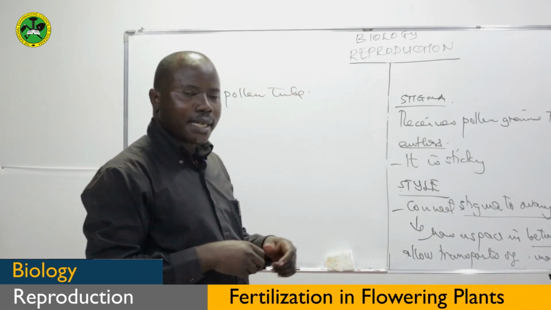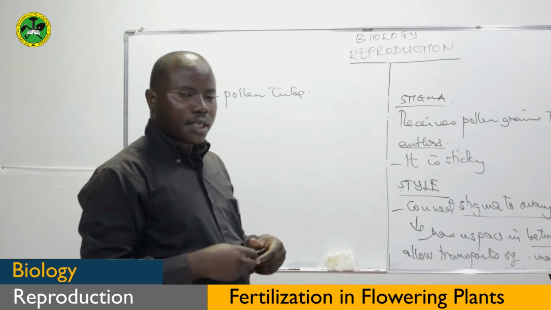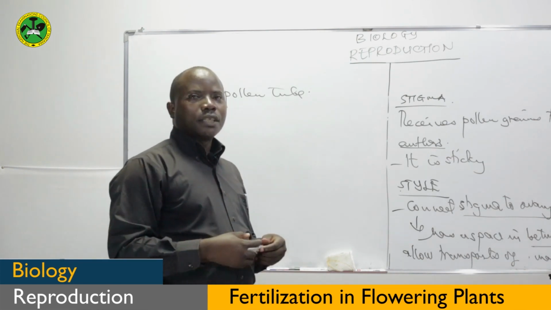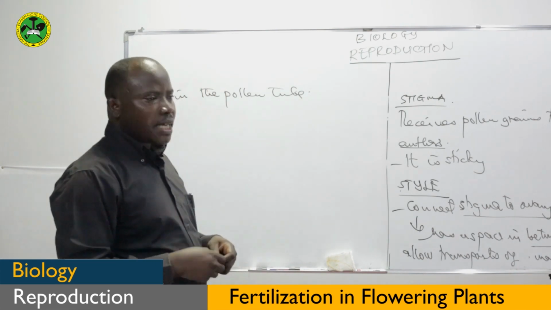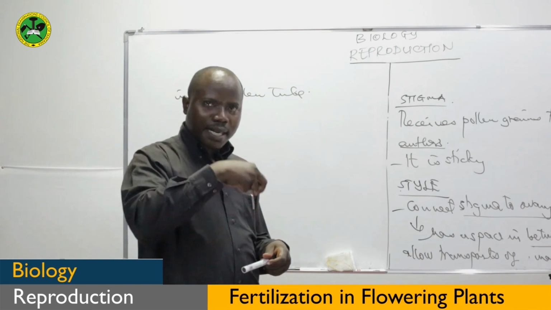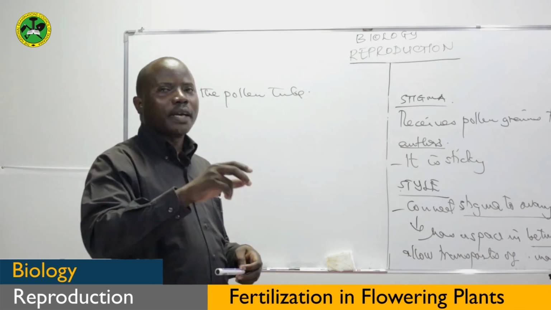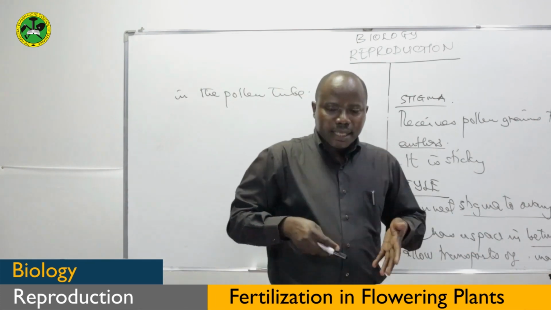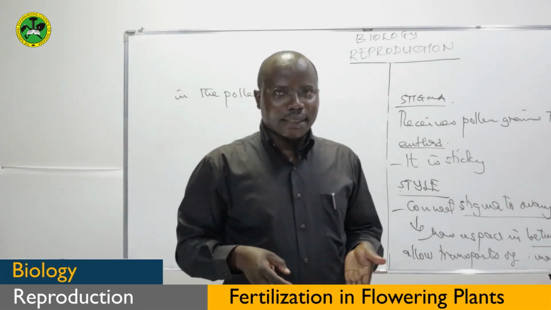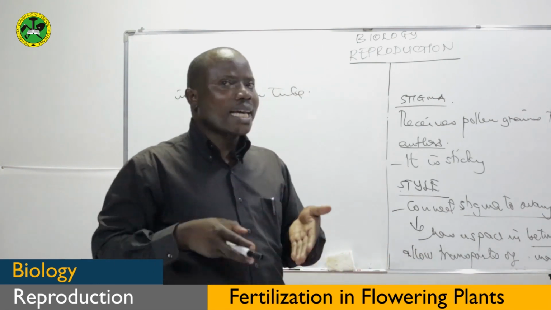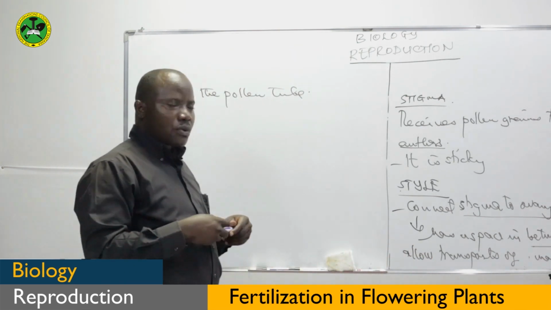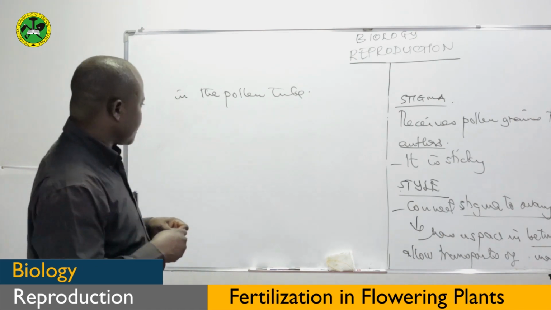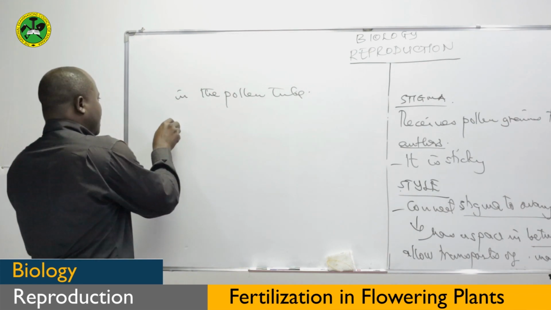Once the pollen grain lands on the stigma, it absorbs nutrients that stimulate its development into the pollen tube. The generative nucleus present in the pollen tube undergoes mitotic division, giving rise to male gametes. And these are the ones that are carried in the pollen tube through the style to the embryo sac, where fertilization will take place. Last is the ovule.